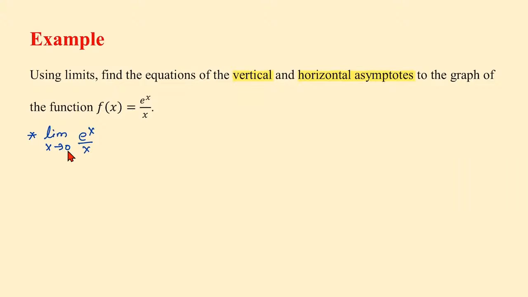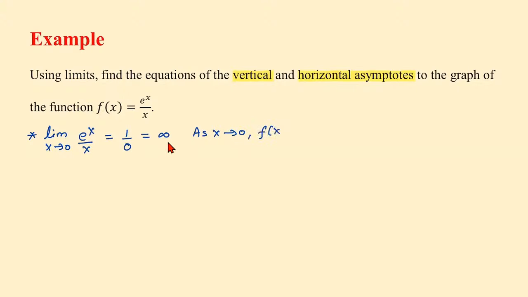If we try direct substitution, e to the 0 is 1, and the denominator goes to 0, so that becomes 1 divided by 0, which is infinity. So as x approaches 0, this function approaches infinity.